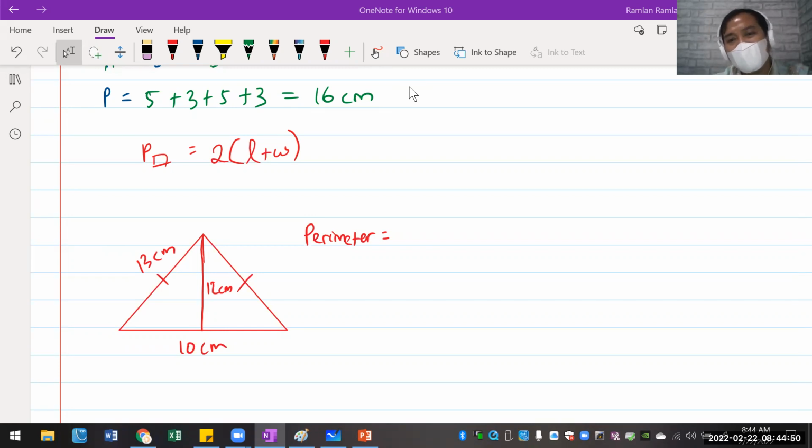I'm gonna wait. Silakan Raihan, Kiko, siapa lagi? Nadia, Sharon, you can join. Raihan also said 35. Okay, and Nadira, Elia said 36. So we have two different opinions, yeah? 35 or 36. Okay, so let's see which one is correct.